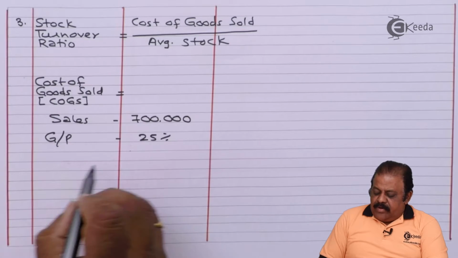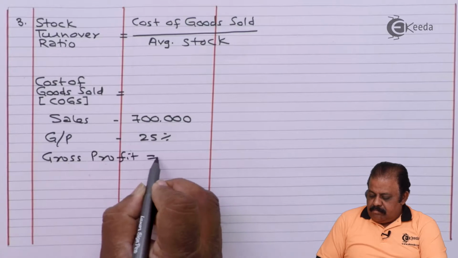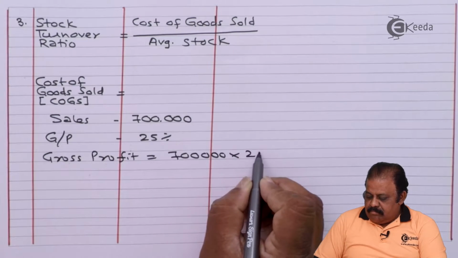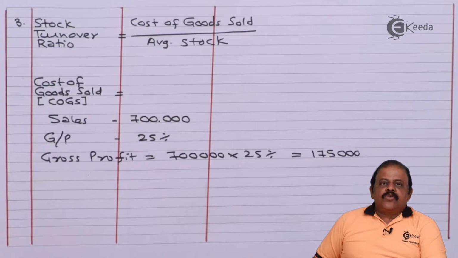So we can calculate gross profit. So gross profit we got 1,75,000.